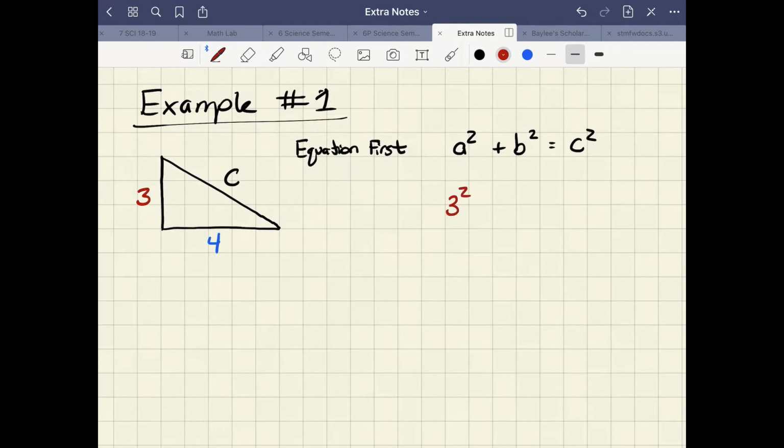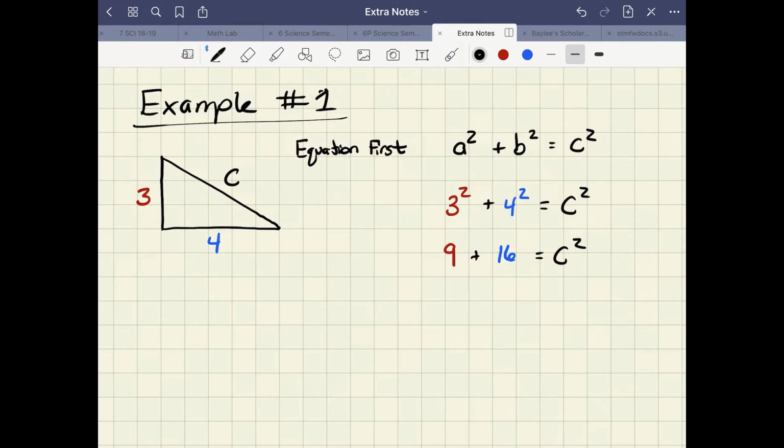So 3 squared plus 4 squared equals C squared. Remember, we don't know what C is, so we just leave it. Now we simplify. 3 squared is 3 times 3. That's 9. Plus 4 squared. 4 times 4 is 16. And that equals C squared.